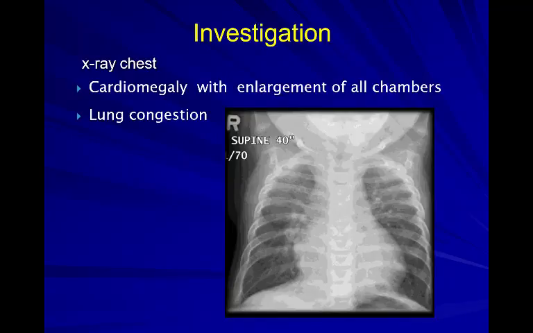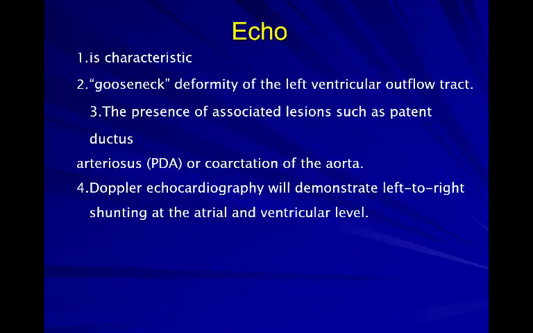Investigation for AV septal defect: X-ray chest shows cardiomegaly with enlargement of all cardiac chambers and severe pulmonary congestion. Echocardiography is diagnostic and characteristic, showing goose neck deformity of the left ventricular outflow tract due to displacement of the aortic valve, and presence of associated lesions such as PDA or coarctation of the aorta.